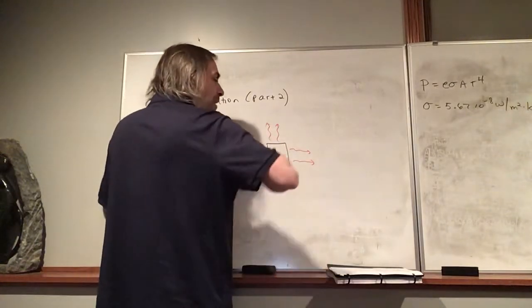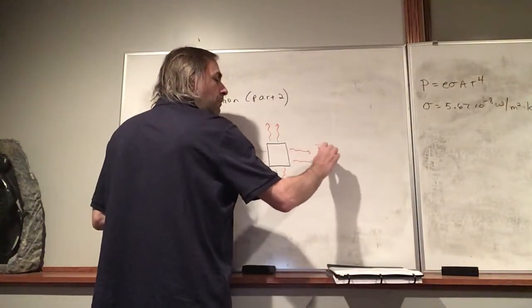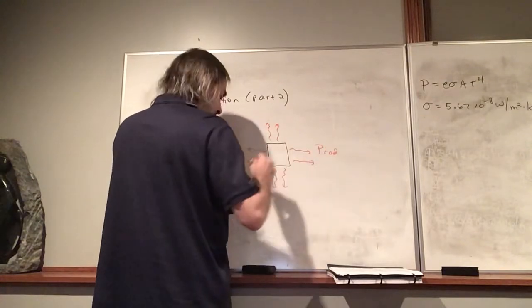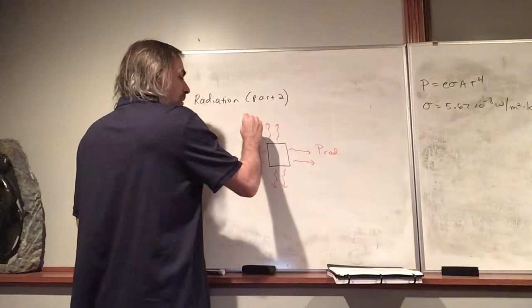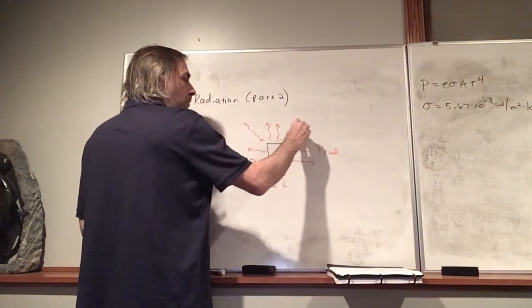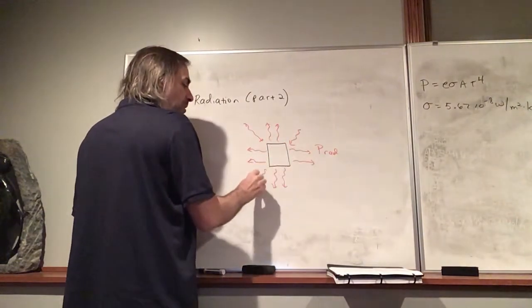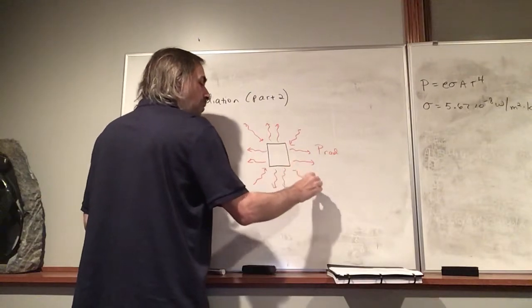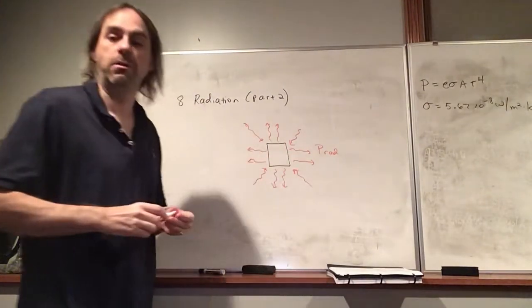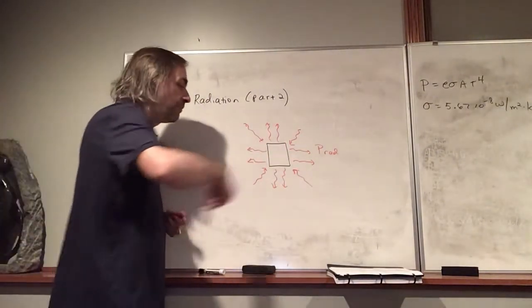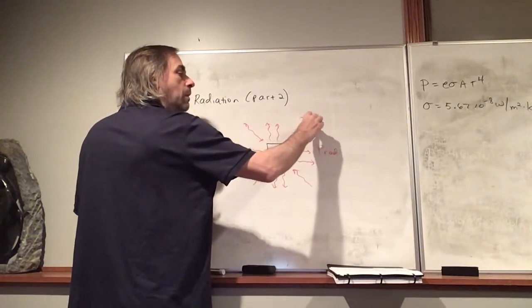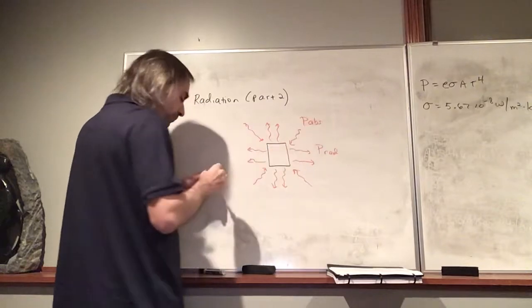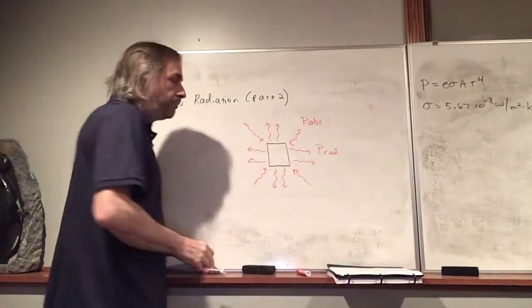So this would be the power radiated. And then it also absorbs energy from the room through either conduction or radiation, either way. So there's power going in from the room.